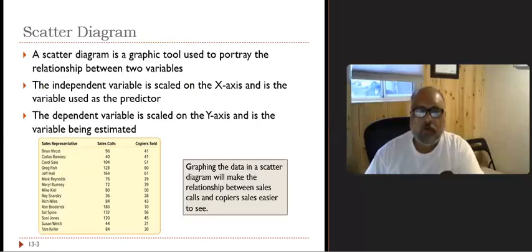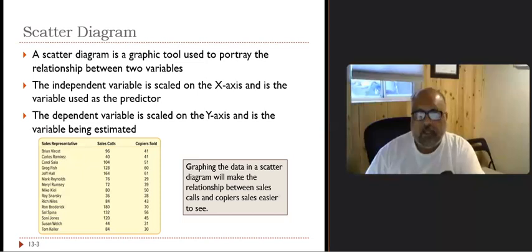Okay, so again, the underlying mechanism of correlation analysis is the scatter diagram. First, we need to draw a scatter plot. A scatter diagram visually represents the relationship between two variables.